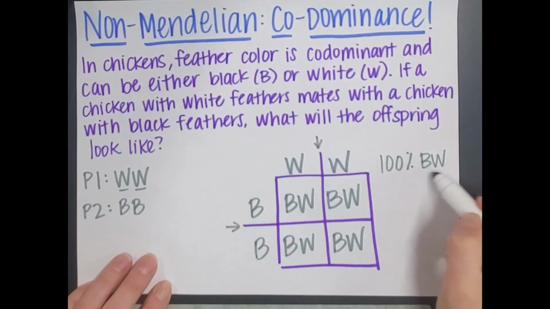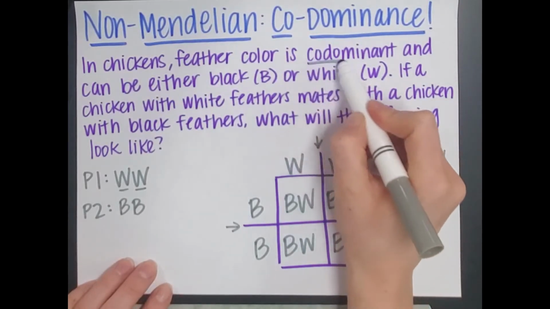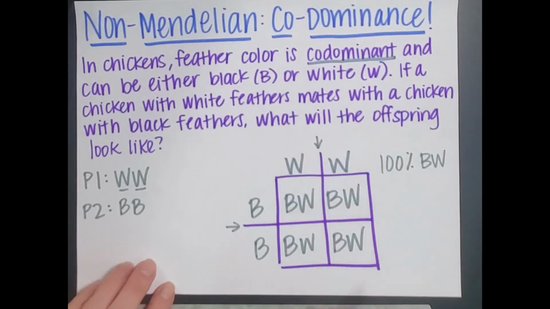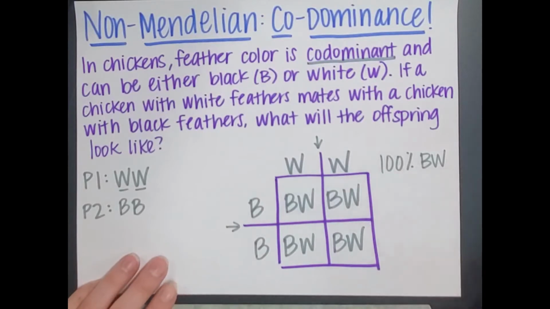Now, we don't know what this looks like. It's not given to us in the question, so we have to think back to where it says that it's codominant. In codominance, the hybrid or the heterozygous offspring are going to have a mixture of the alleles. So they're going to be showing both.